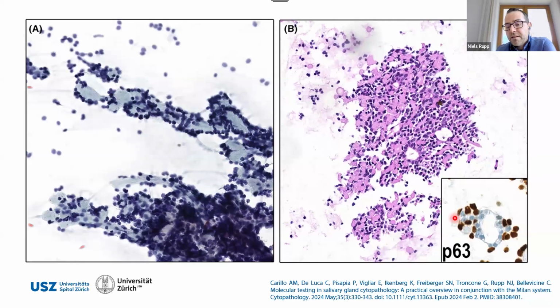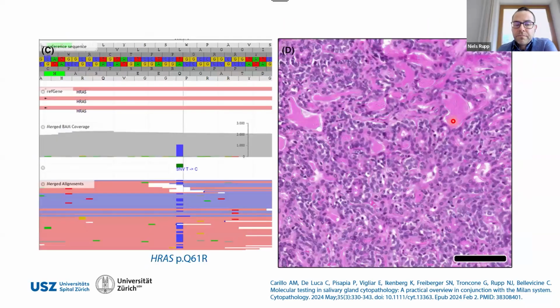And here on the right side, you can see how immunohistochemistry can help to corroborate the biphasic differentiation. You can see the inner epithelial or ductal layer, and outside you can see the myoepithelial cells, which are usually positive for P63 and/or P40. So this can help to visualize that this is a biphasic neoplasm.